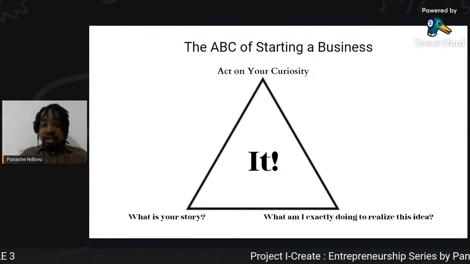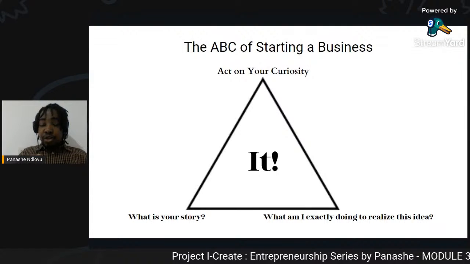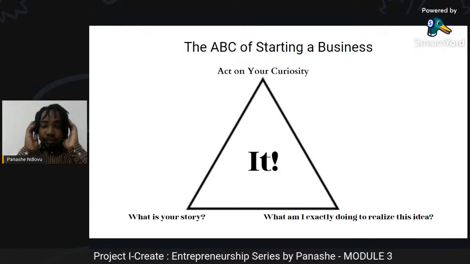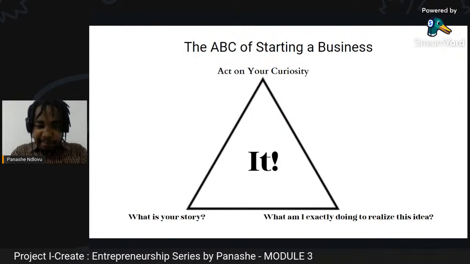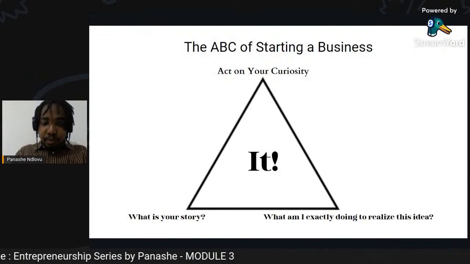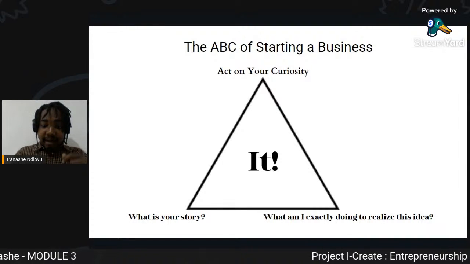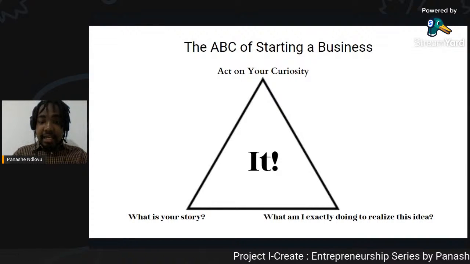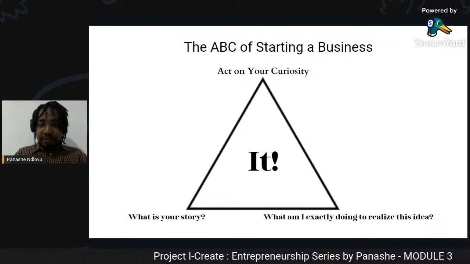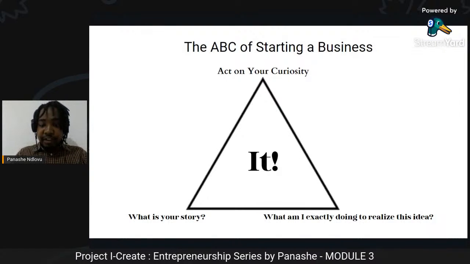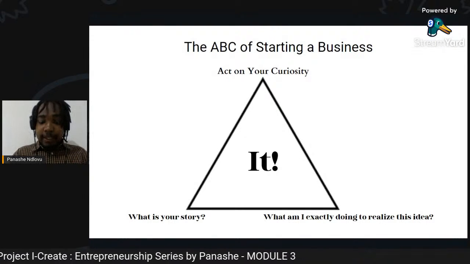We're going to be coming back to this triangle, to this model throughout the episode. I hope that you're enjoying it so far, and that it has been beneficial to you so far, right?